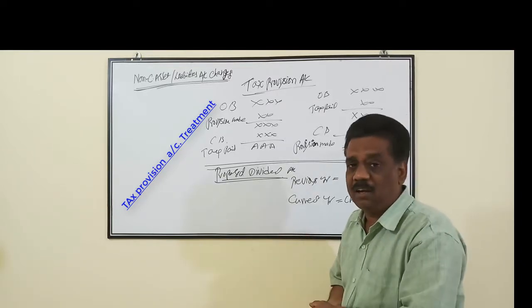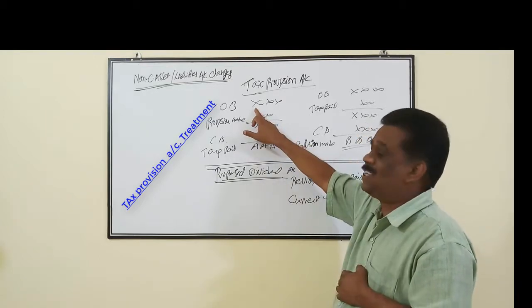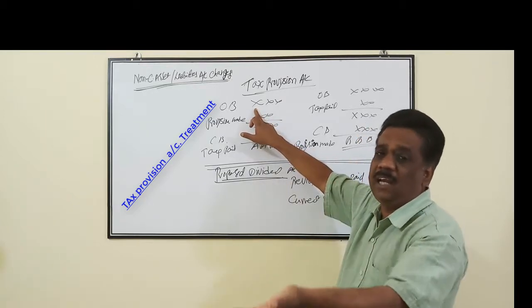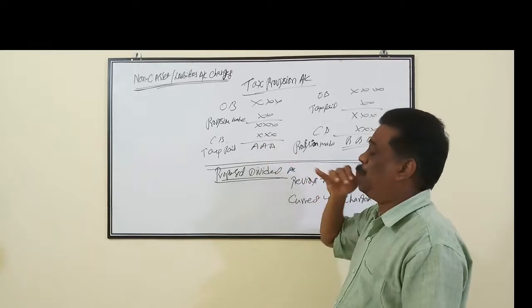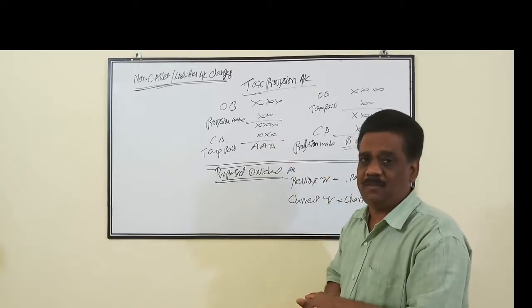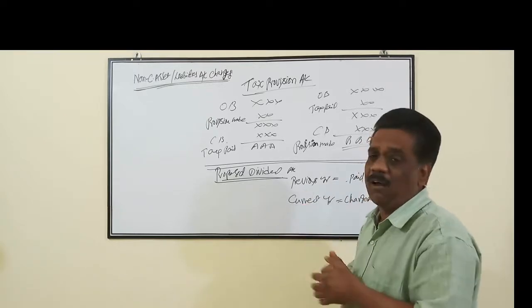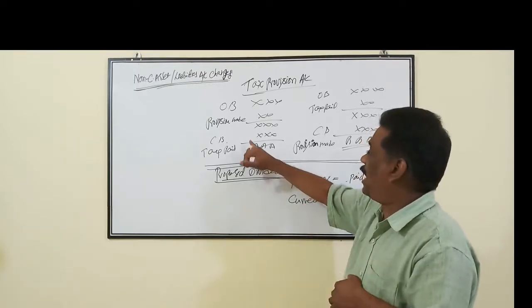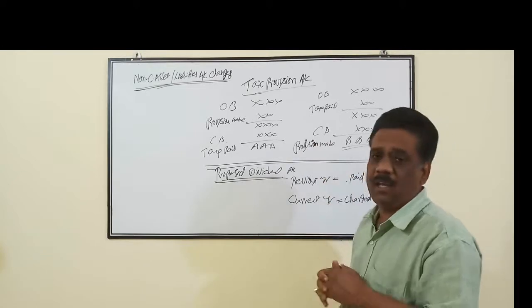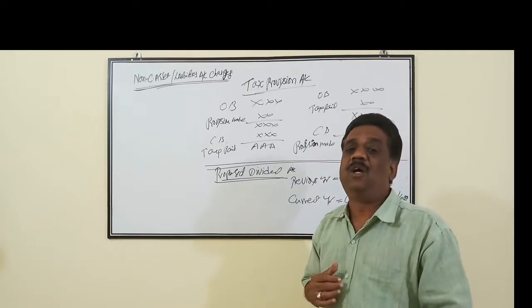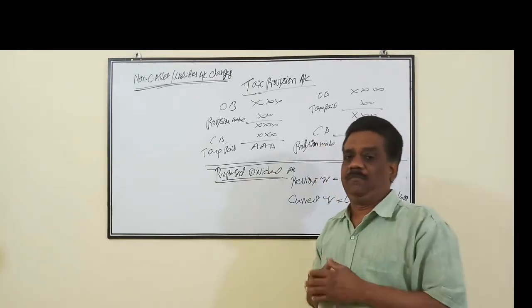The balances are given. That is, the opening balance of the particular year, nothing but the previous year ending balance, and the current year balance, nothing but the current year ending balance. Along with these 2 balances, either tax paid is given in the data or sometimes tax provision is made.